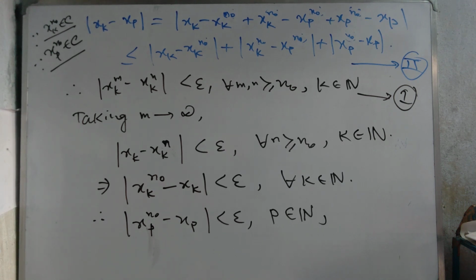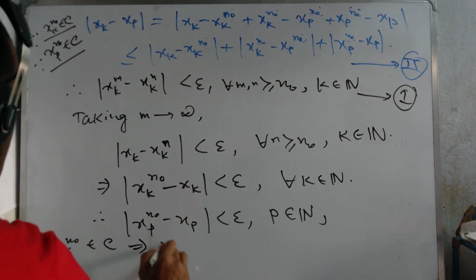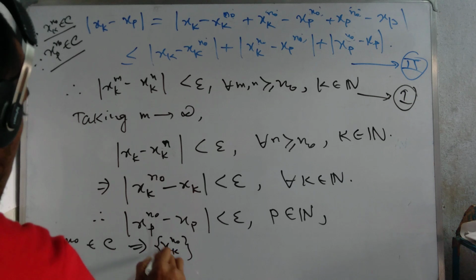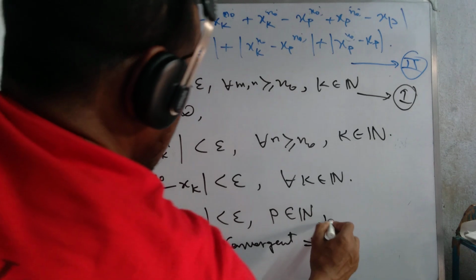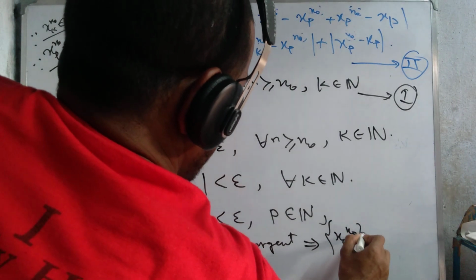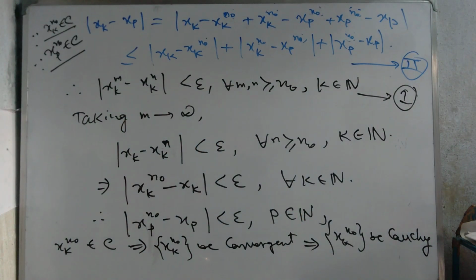Then what happened? x_k^(n0) obviously converges. x_k^(n0) is a convergent sequence, and then this one is Cauchy. If x^(n0) belongs to c, this implies that it is Cauchy convergent, and this implies that x_k^(n0) is Cauchy. Yes or no? Yes.